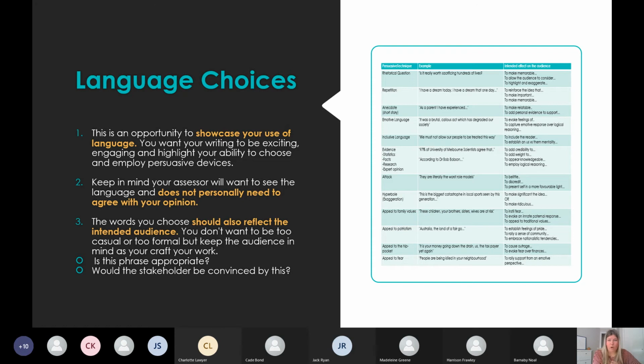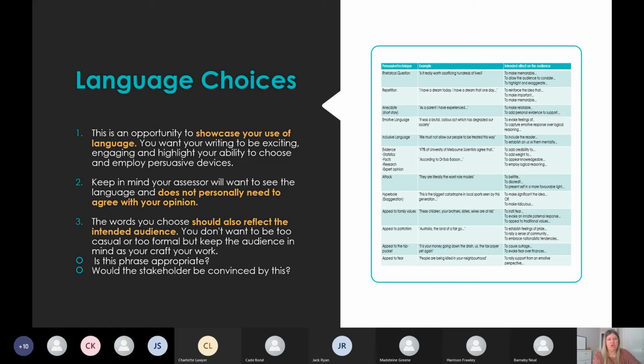It shouldn't just be informative, telling me about a topic. You should be using all of these devices: allusions, alliteration, facts, rhetorical questions, repetition, emotive language, appeal to justice, appeal to everything. All of those should be in your piece of writing.